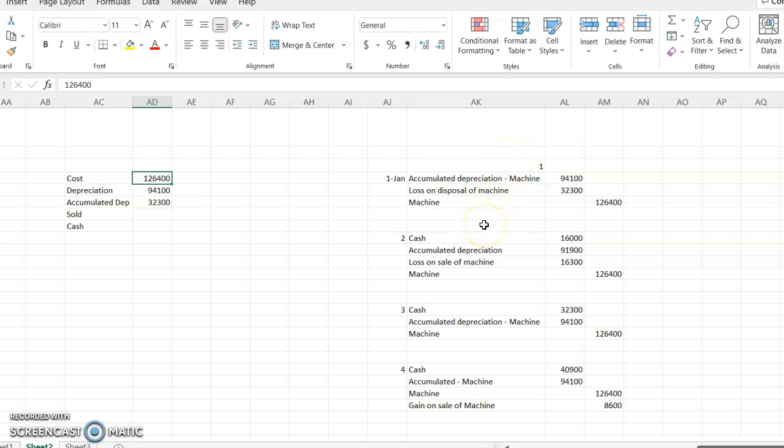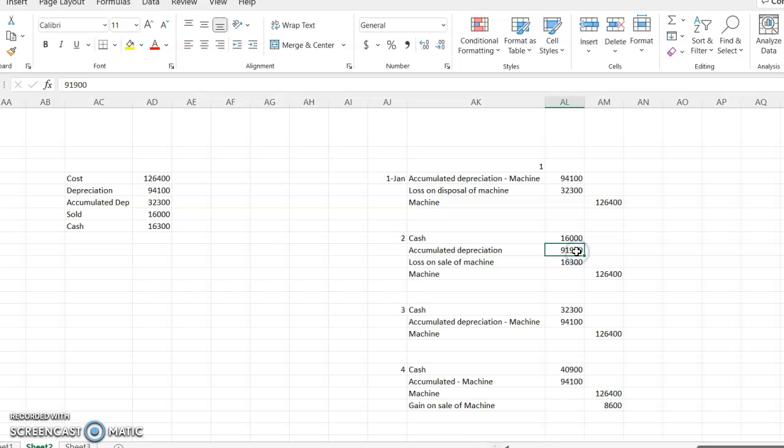So part 2, the question was, Diaz sold the machine for $16,000 cash. So if I come in here and put down that he sold the machine for $16,000, and then we do a bit of a formula and take that minus that, we have $16,300. So we know that they got cash for $16,000.